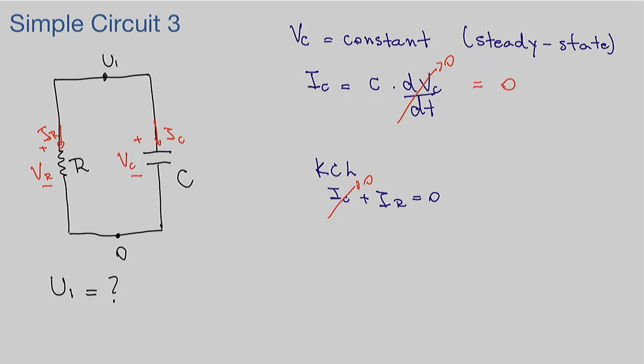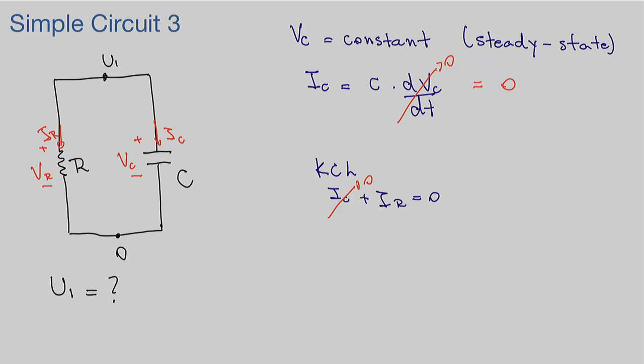All right. I still wanted to define U1. I'll give you the punchline at the end. How would I define U1? Well, U1 is the potential that is across here. It can be written as the voltage across these two elements. So I'm going to apply Ohm's law.